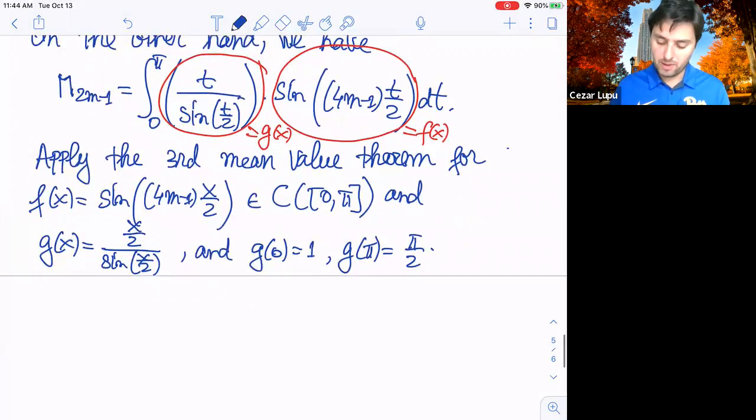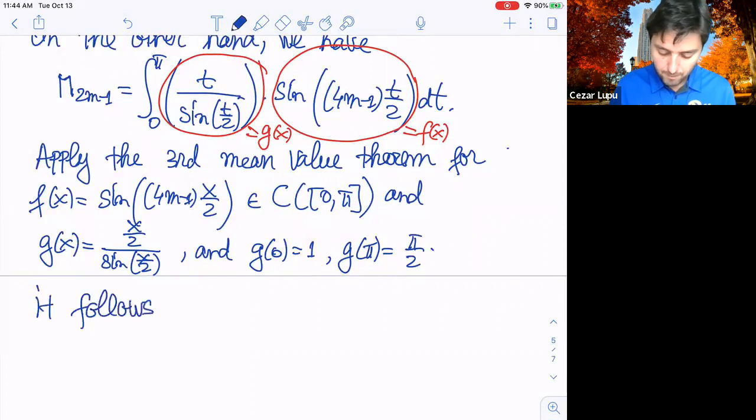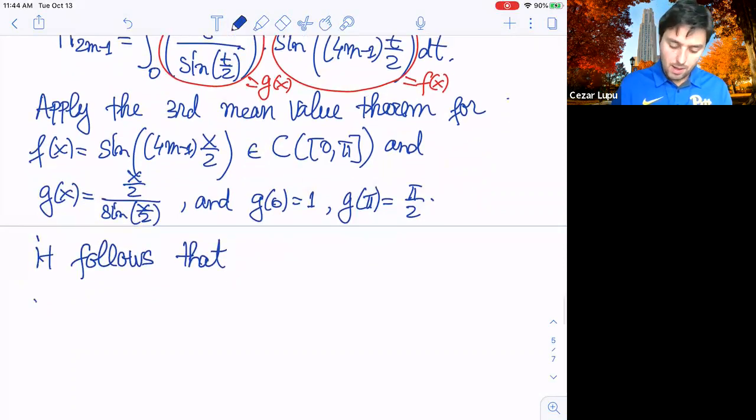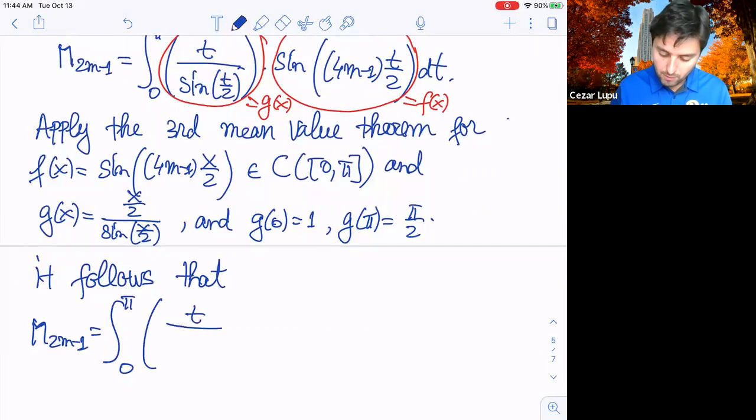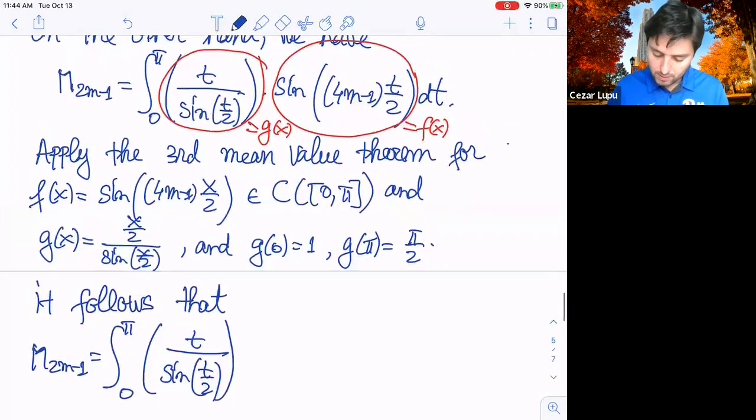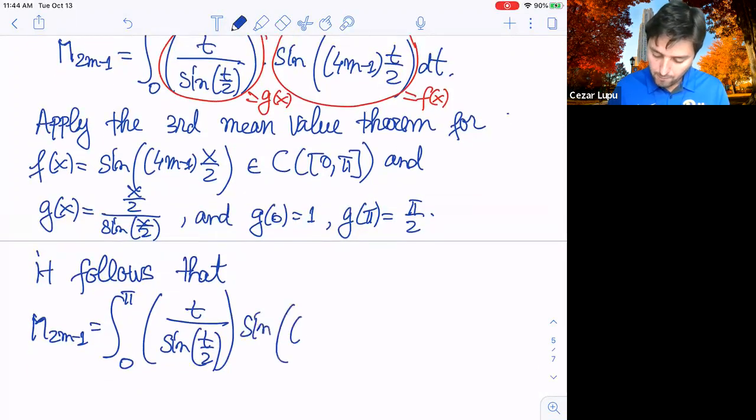So it follows that m sub 2m minus 1, which is nothing else than the integral from 0 to pi of this guy, let me write it again: t over sine of t over 2 times sine of 4m minus 1 t over 2.